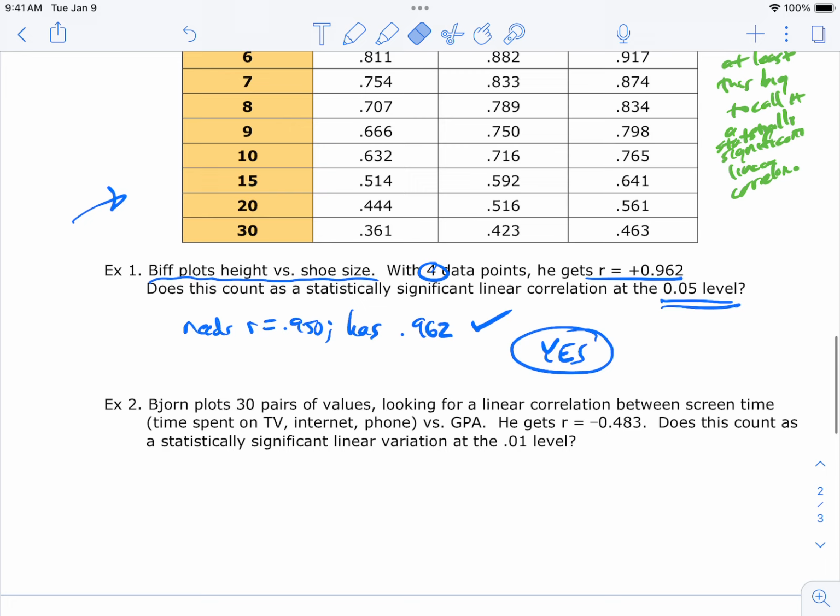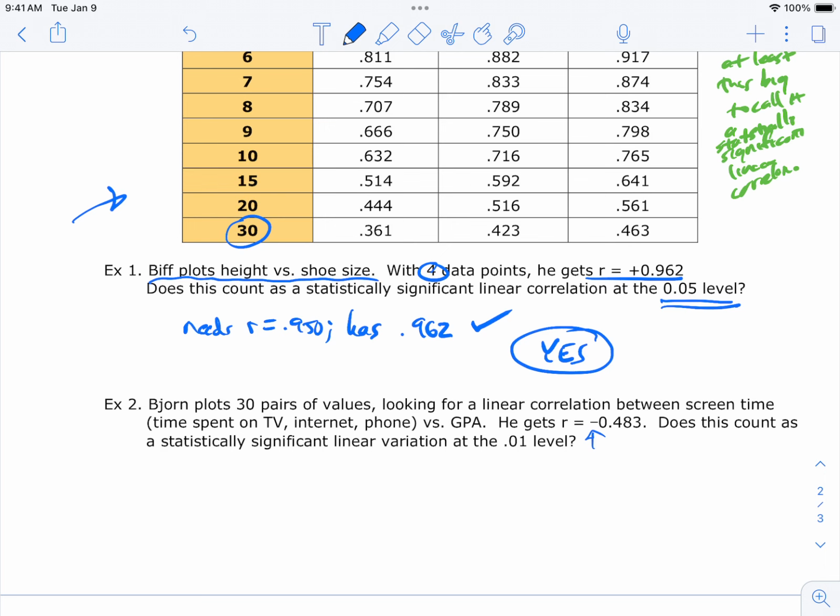Bjorn plots 30 pairs of values. So Bjorn is down here, looking for a linear correlation between the screen time spent on TV, internet, phone, versus GPA. He gets R equals, and he's got a negative, but again, the negative just means the slope is negative. You don't use negatives in the table. But he got a 0.483.